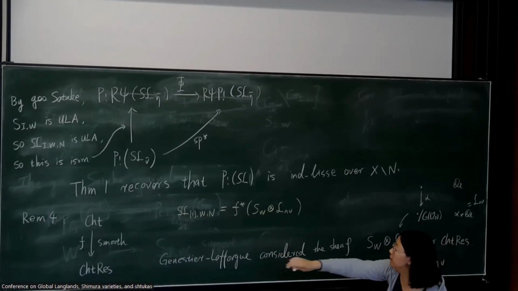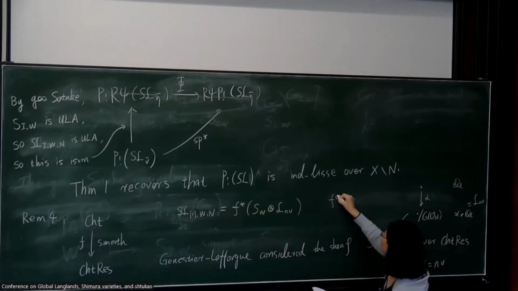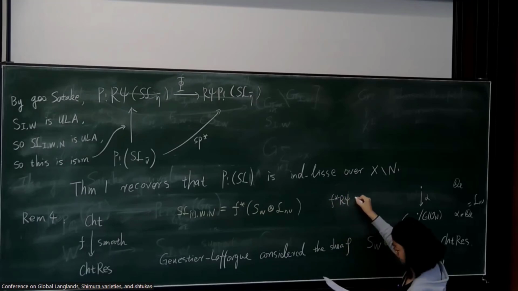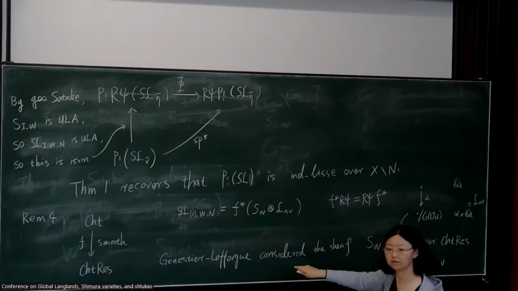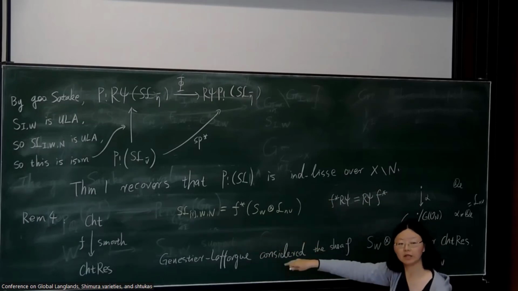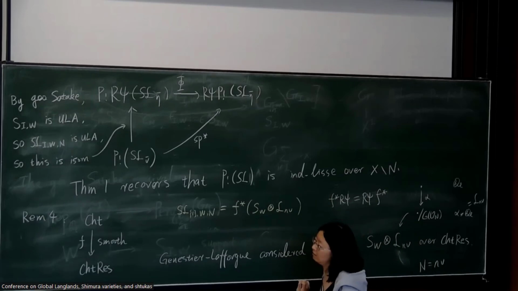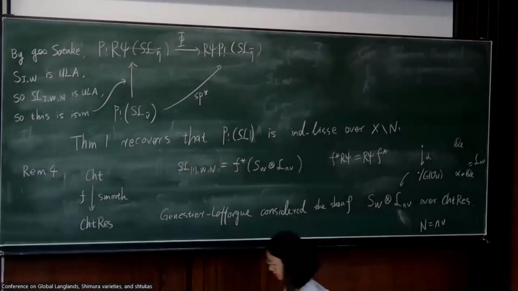And since F is smooth, the nearby cycle of our sheaf is the inverse image of the nearby cycle of this sheaf. So our nearby cycle is the same as the one they use in their paper.